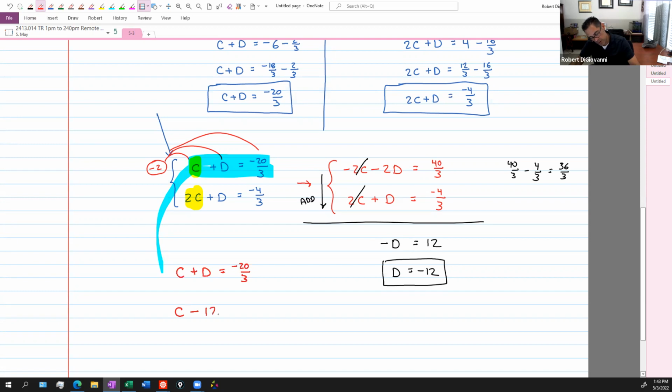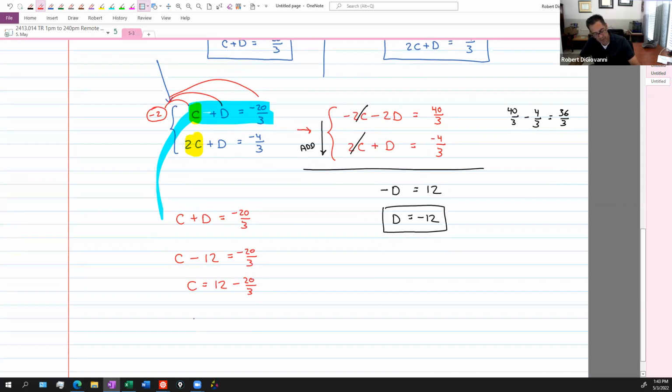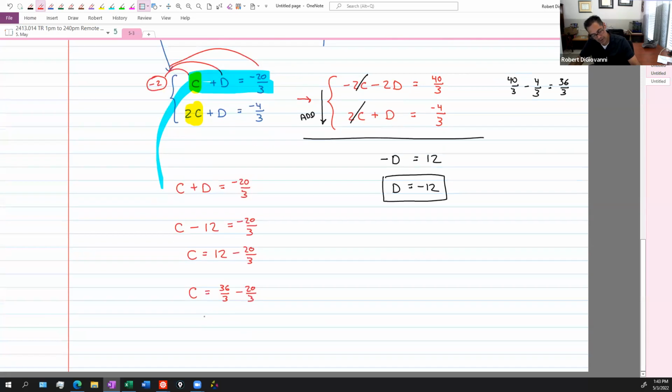So C minus 12 is -20/3. That means C is 12 minus 20/3, adding 12 to both sides, which means C is, I need a common denominator, 36/3 minus 20/3, which means C is 16/3. There we go. That's what C is.